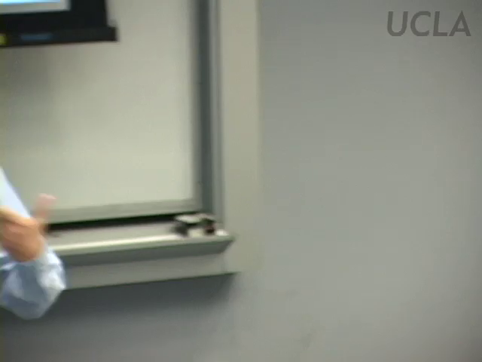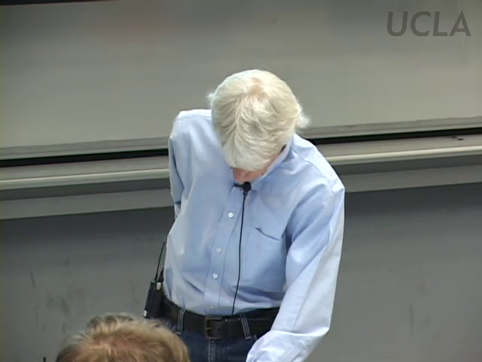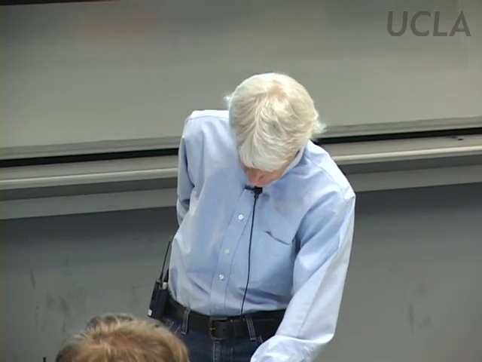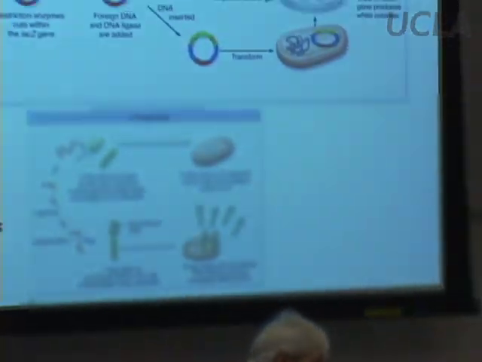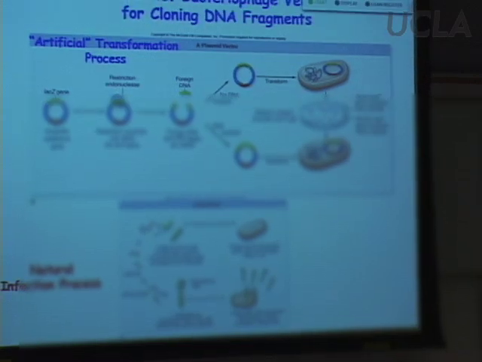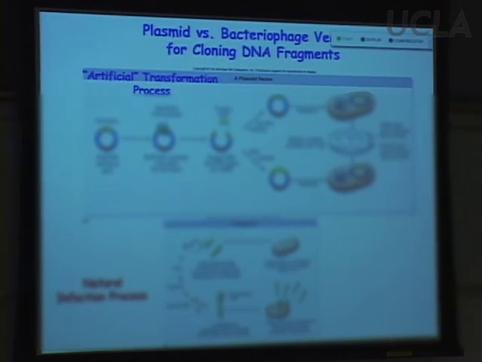Well, these are the bacterial viruses in which the restriction enzymes fight against, but I'm not going to get into that story either. The point here is that these bacteriophages, you can assemble them in a test tube, as I'll show you, and you can use their chromosome, their actual viral chromosome, to stick a foreign DNA into.